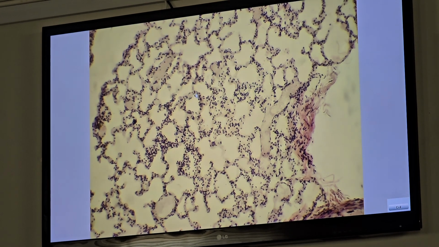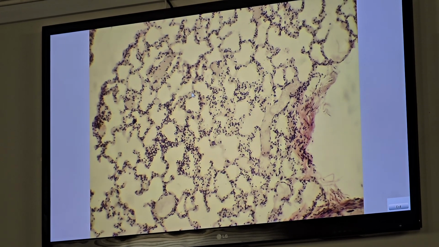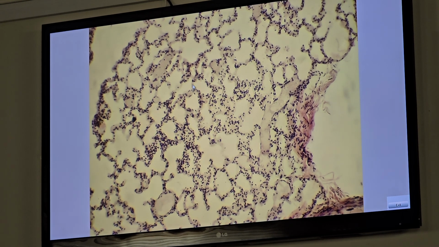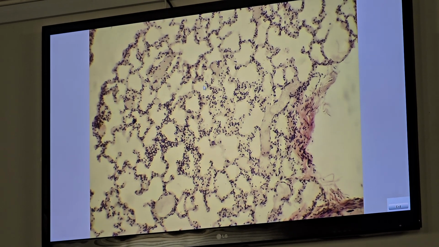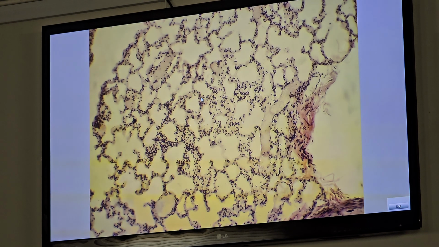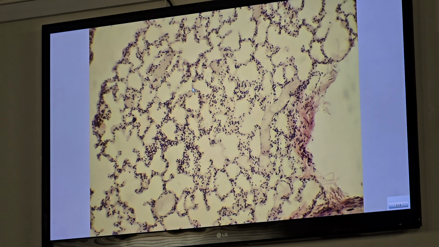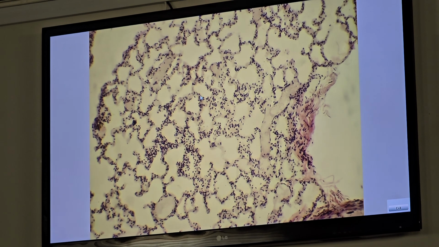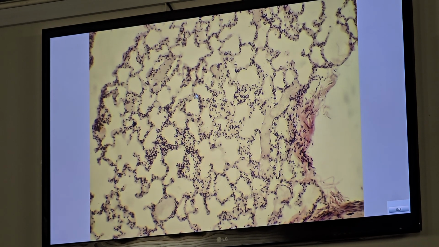Each sac-like structure is called alveolus. This is alveolus. The wall between two neighboring alveoli is called interalveolar septum, consisting of fibroblasts, extracellular matrix with capillaries.